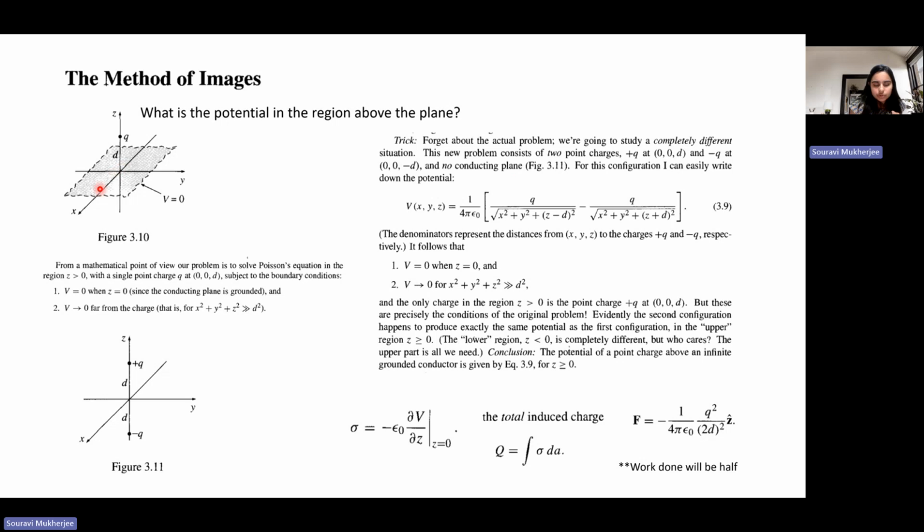So you know the potential on the surface that encloses the upper region. Now the question is, what is the potential in this region, at different points?